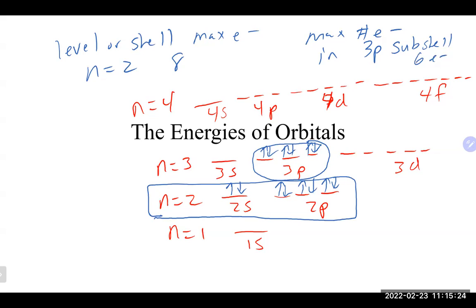How many electrons in a 3d orbital? How many electrons do we think?